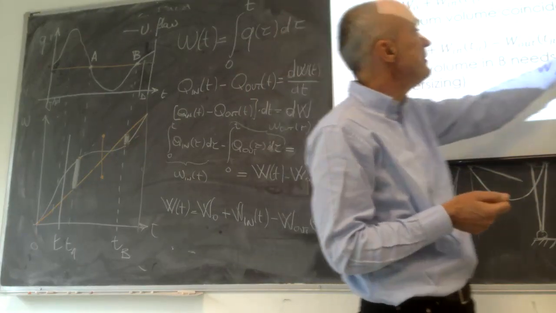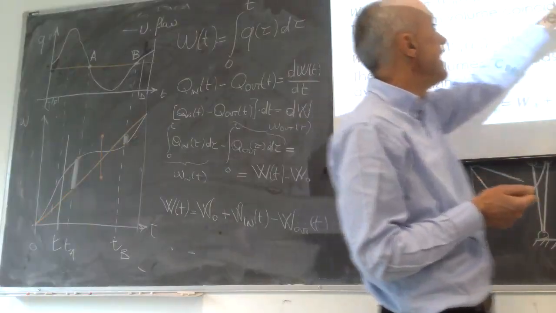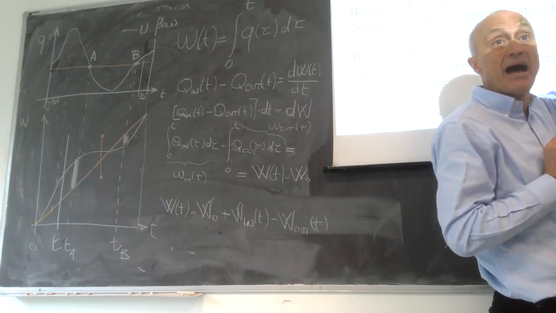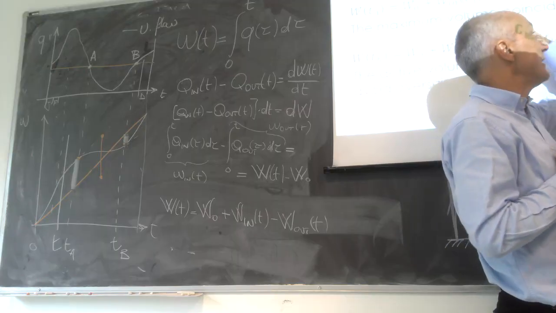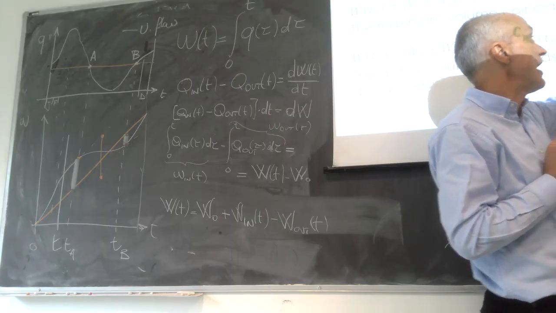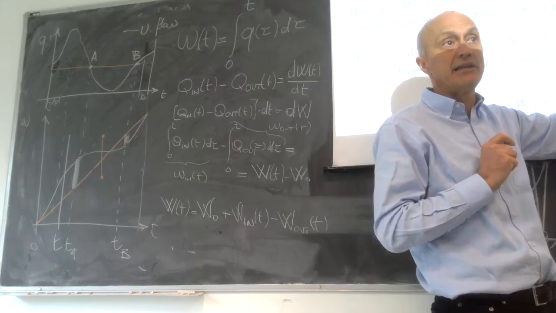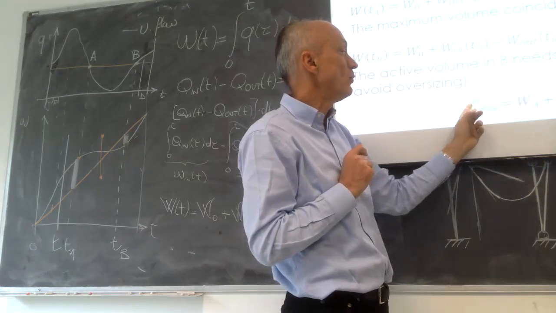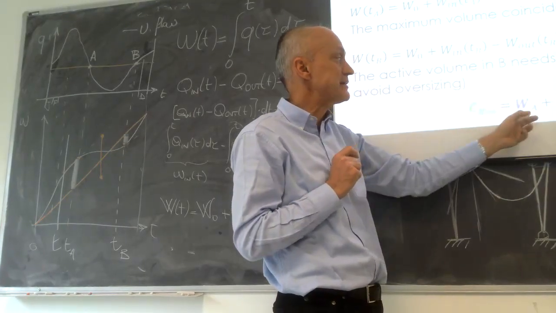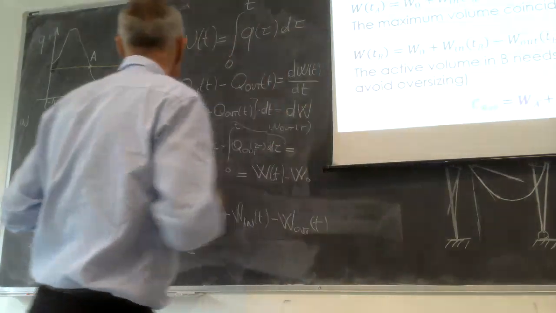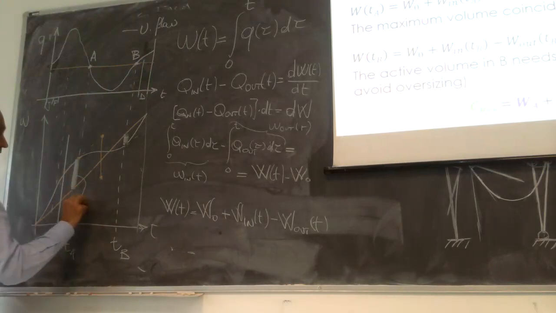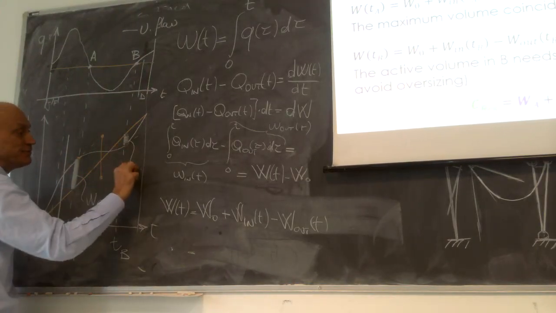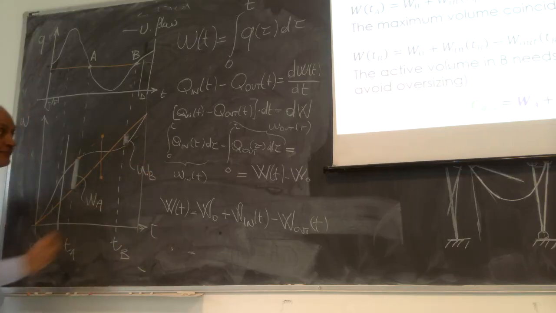So, volume in TB is 0. Volume in TA is the reservoir active capacity. We can take the first equation and subtract the second one. And if we do that, we obtain that the reservoir capacity is WA, this segment here, plus WB, this segment here.